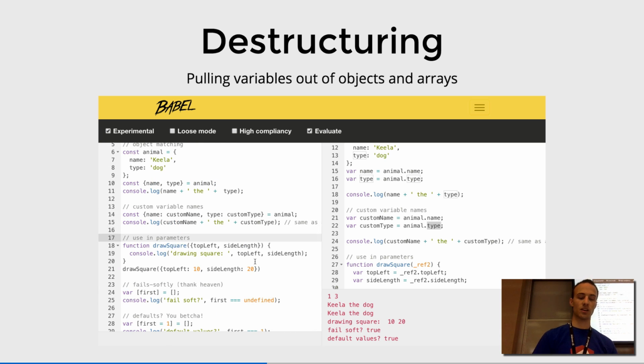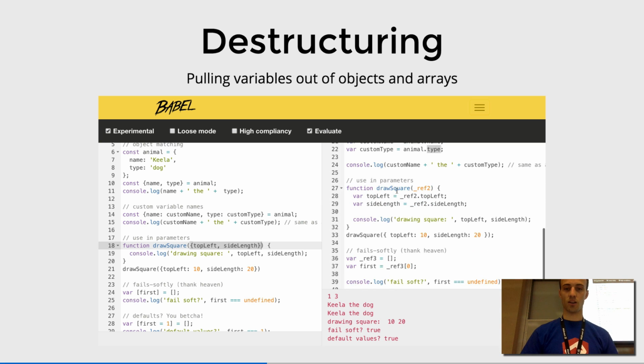And then this is also really handy in parameters. So here I have this draw square, and its API is just give me an options configuration object or something. But then all I care about in this particular function are the top left and side length properties off of that object, and so I destructure those. If you look here at the output, you have the draw square.